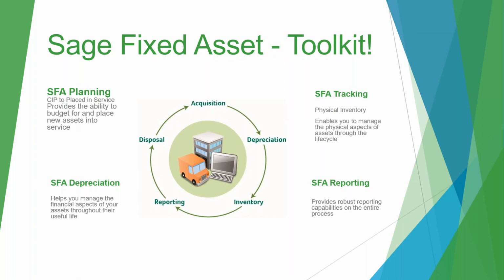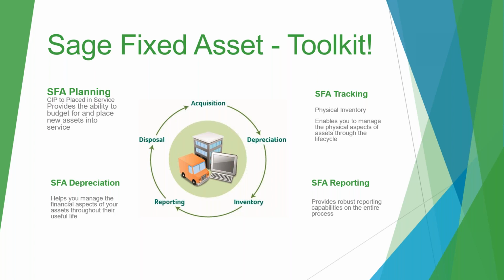So the solution, as I mentioned, is created by using 4 different modules, the depreciation module being the heart of it, which handles all of your financial depreciation for tax, GAAP, and your state AMT books. The planning module will handle all aspects of budgeting for a project, as well as creating assets once they're ready to be placed in service.